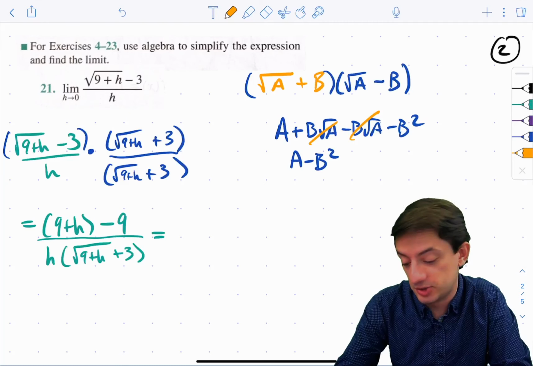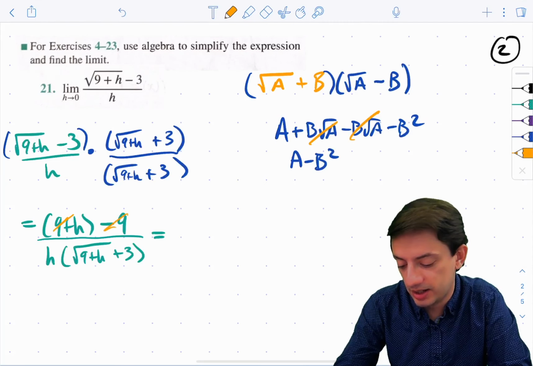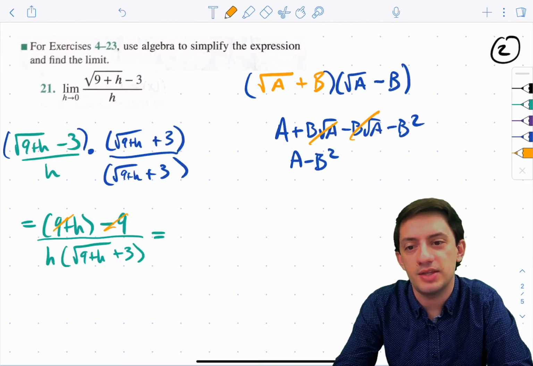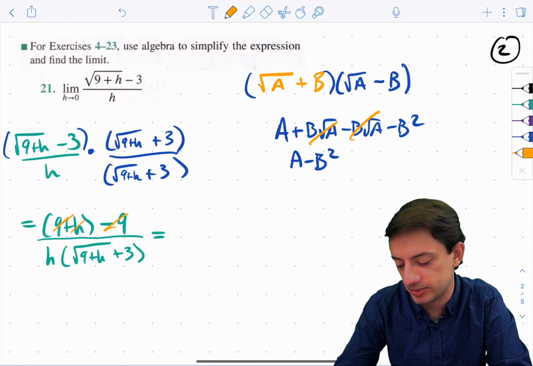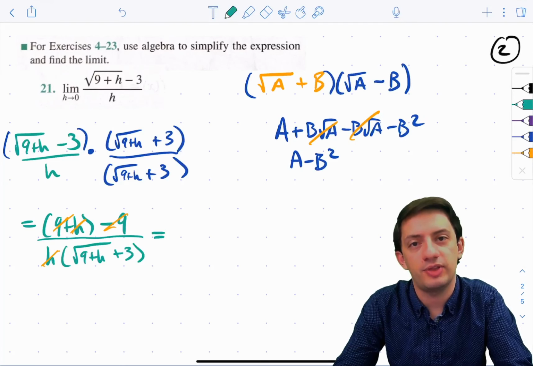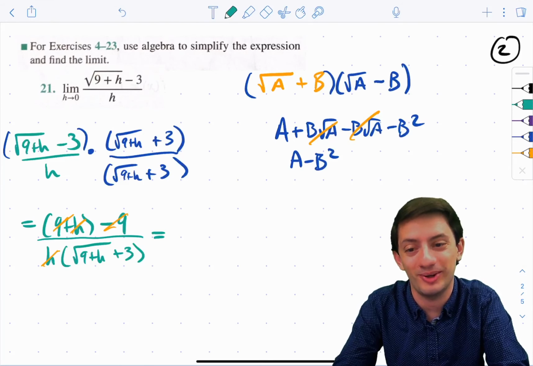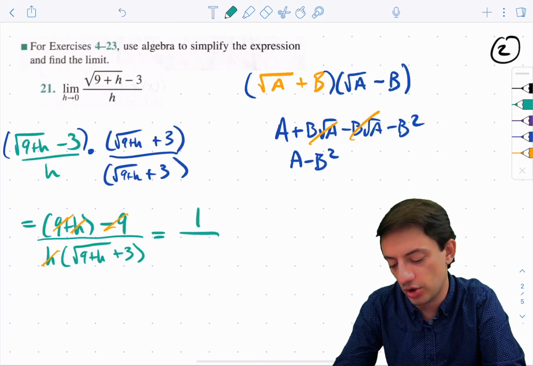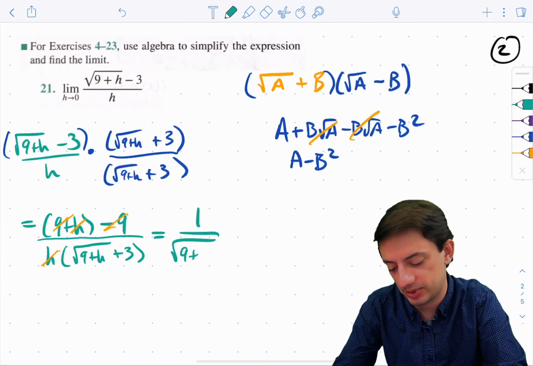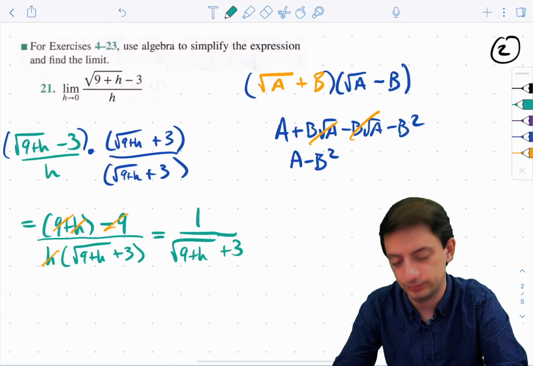So this is going to turn out nice because we've got 9 minus 9, and then the top is h, and we've got an h in the bottom. So actually that cancels too. That's 2 steps in 1. If you don't see that, just write them out one at a time, and I'm sure you will. That leaves us with 1 over the square root of 9 plus h plus 3.